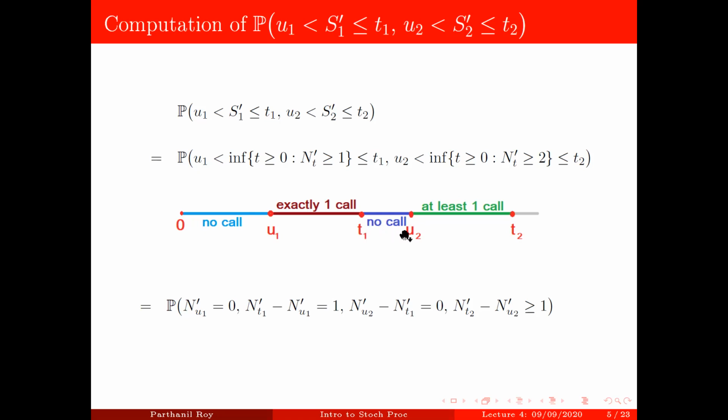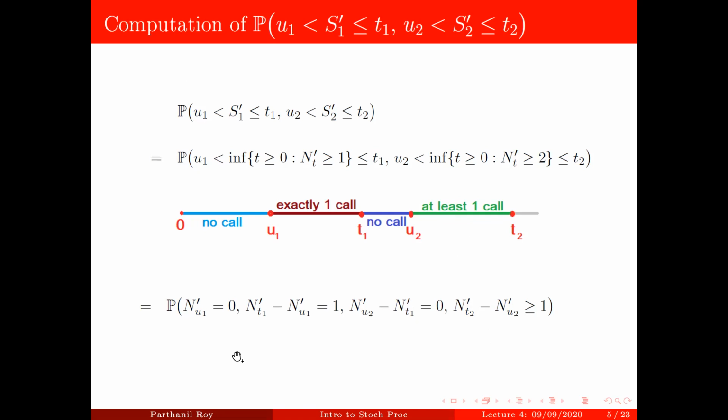Note that this interval between t1 and u2 can be 0, they can be equal. So this can be 0 anyway, but that's okay. That's a part of the assumptions. On the other hand, N'(t2) minus N'(u2), which is the number of phone calls here, has to be bigger than or equal to 1. Okay? So we have been able to completely unfold this notation and write everything in terms of the original N'(t) process.